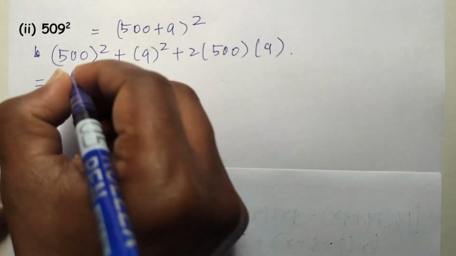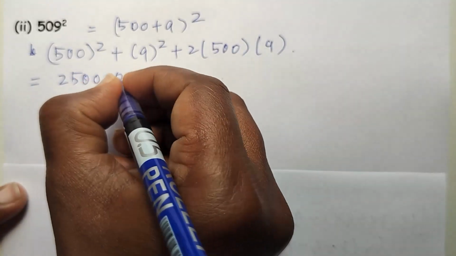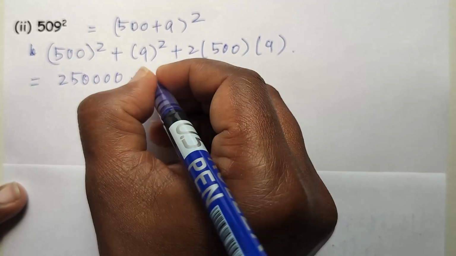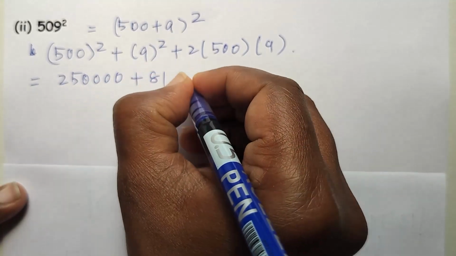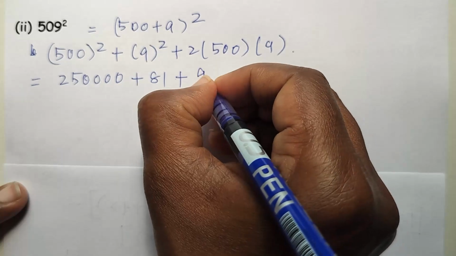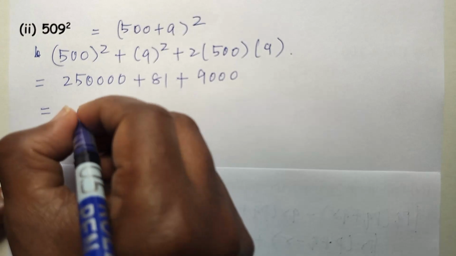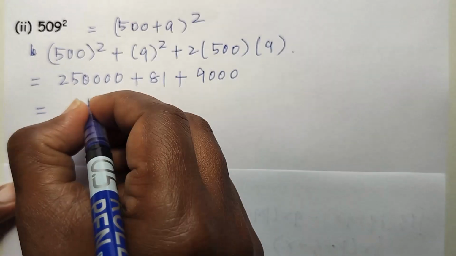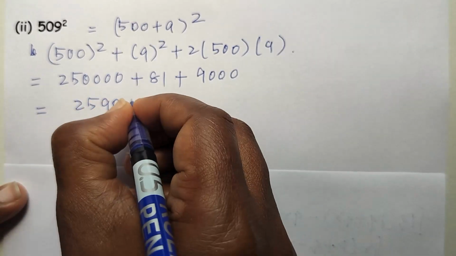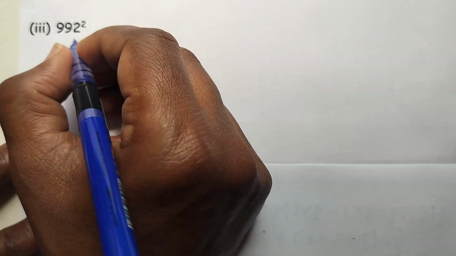So 500 square will be 250,000 plus 9 square 81 plus here 9,000. So when you add this, we get 259081 here. Third, 992 whole square.